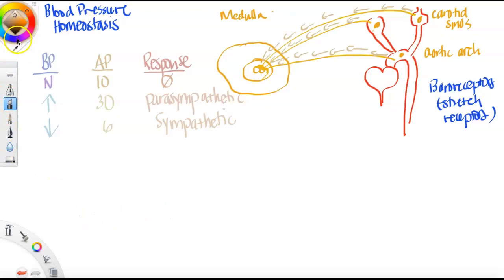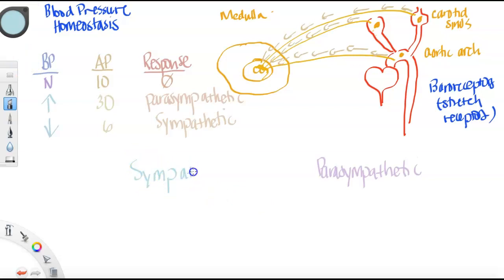Okay, so we have parasympathetic response, and the sympathetic. Sure is light, isn't it? So what happens here?